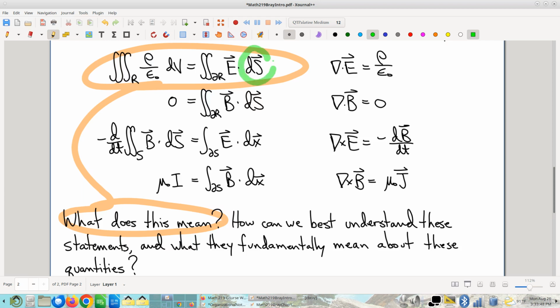What does this mean? That's a weird look. If you take a close look at this thing, it looks like a differential. Sure, you've seen differentials before. This has an arrow over it. Have you ever seen a differential that was a vector? That's weird. So we need to understand what that means. And that's all multivariable calculus. This is all stuff that we're going to make sense out of in this course.